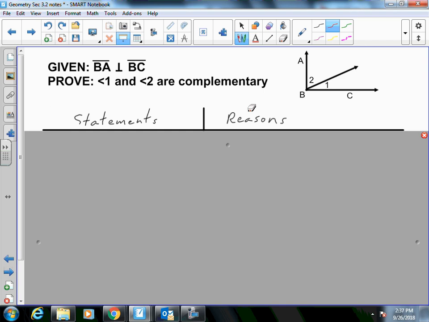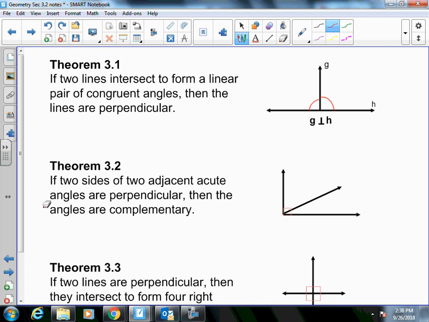In this proof, we're given that segment BA is perpendicular to segment BC. Remember, that's what the upside down T says, it's perpendicular. And we want to prove that angle 1 and angle 2 are complementary. So basically what we're doing here is we are taking theorem 3.2 and we're proving that it actually works.